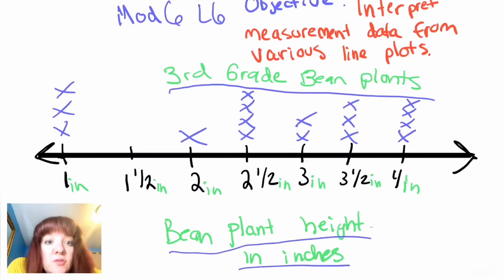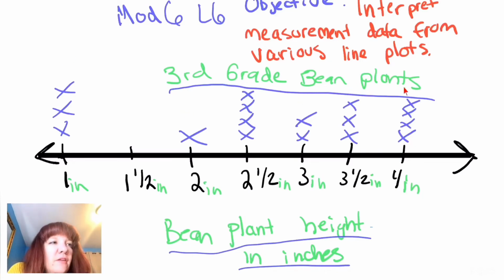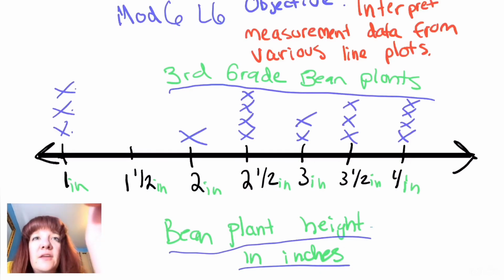So in Zearn, they're probably going to ask you some questions about the line plot. So what I like to do when I'm looking at the line plot, right here at the top, just like what I did with the bar graphs the other day, is count them. So 1, 2, 3, and then write on top how many there are so that I don't have to keep recounting them.